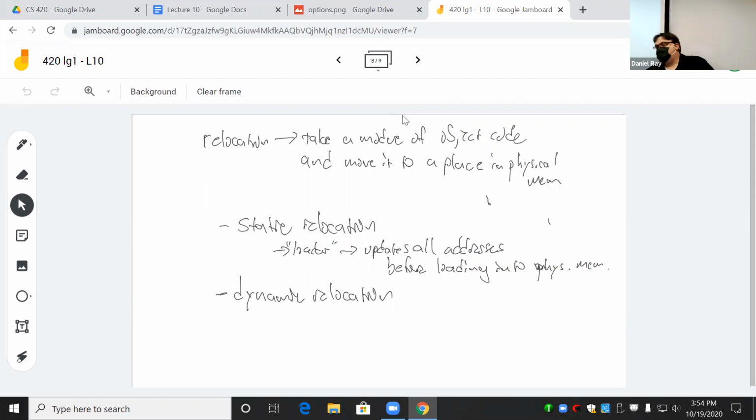Look at it instruction by instruction, see if there are any memory addresses in there, and then add the offset. And then load the whole chunk in.